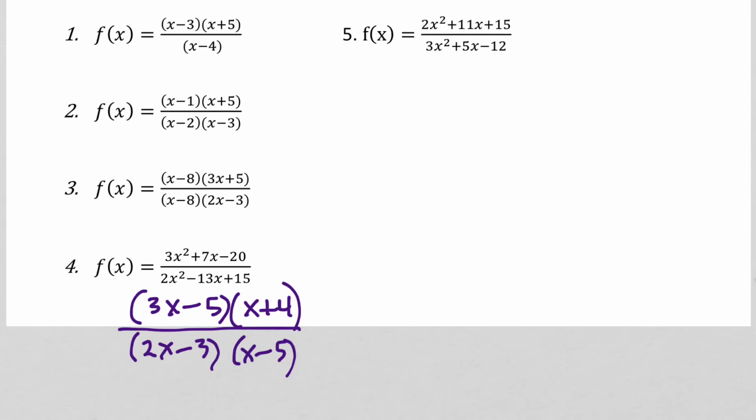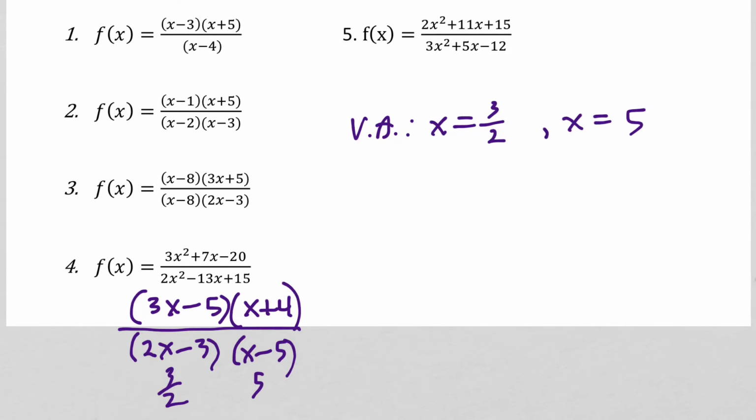So let's do the vertical asymptotes next. My vertical asymptotes are going to occur where my denominator factors go to 0. So this one's going to occur at positive 3/2. This one at 5. So our vertical asymptotes are x is equal to 3/2 and x is equal to 5.